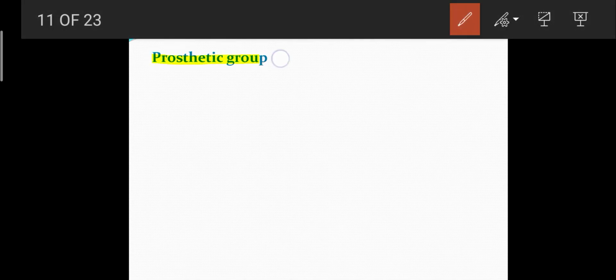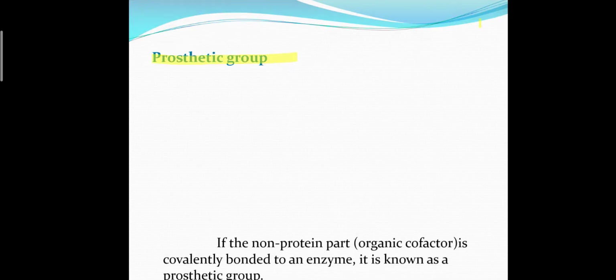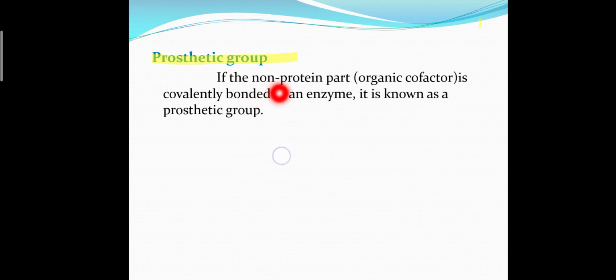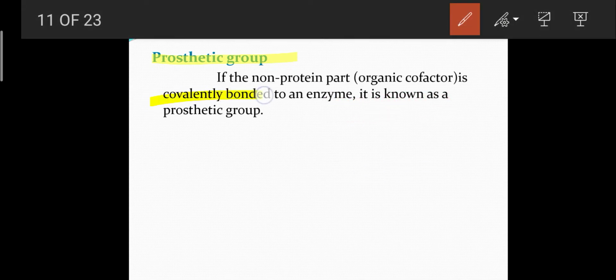What is a prosthetic group? What is the non-protein part of the enzyme? It is known as a cofactor, which we have described earlier. If the non-protein part or organic cofactor is covalently bonded to an enzyme, it is known as a prosthetic group. Covalently bonded means tightly bonded.